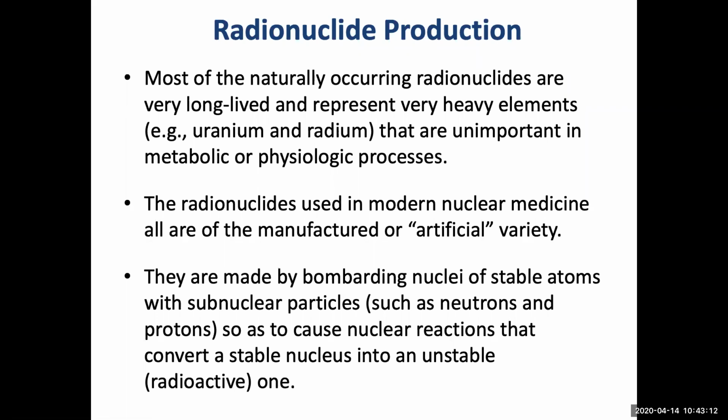We bombard it with one proton and we get F-18. Now it is unstable. So we create radioactive sources to use in imaging by using the stable atom and a subatomic particle like a neutron, proton or electron, and convert the stable atom to an unstable, radioactive isotope to use in imaging.